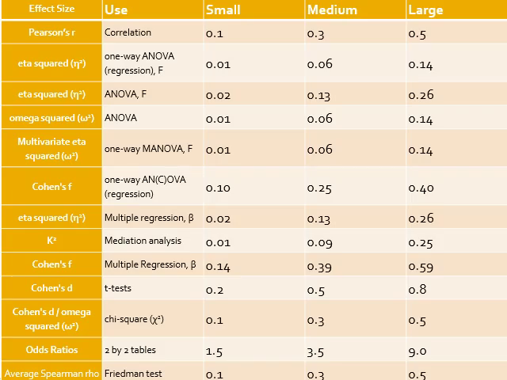Those are important to remember too, and you'll notice that those values are quite different, and so you cannot always assume that the effect size is what it means is going to be the same across different statistics. They can be quite different depending on the statistics, and that has to do with basically the formula for how those statistics are determined.